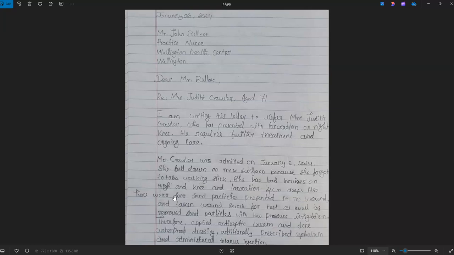So, you could just say, though I wouldn't include it. I'd just say, Mrs Crawley was admitted or presented following laceration injuries sustained during a fall onto a rocky surface.